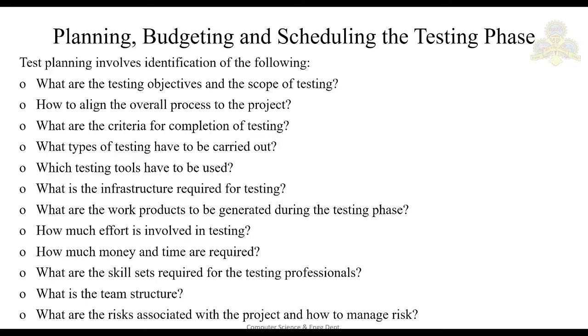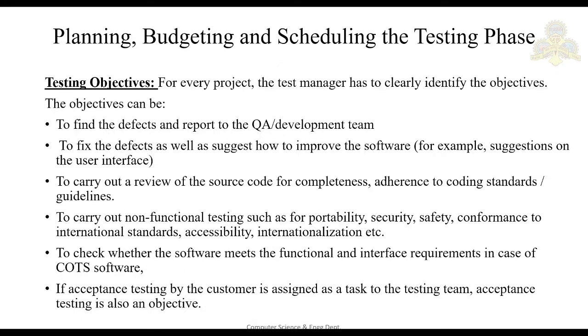Fine. Next, we have to identify what all things will come into the picture in the testing objective. In the testing objective, the test manager has to clearly identify the objectives. The objectives are such as to find the defects and report them to the development team, for them to fix the defects, as well as to suggest how to improve the software.